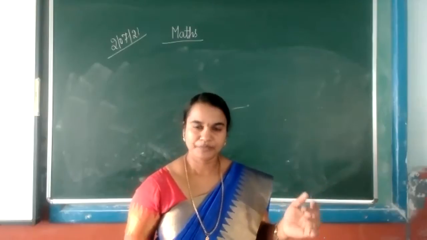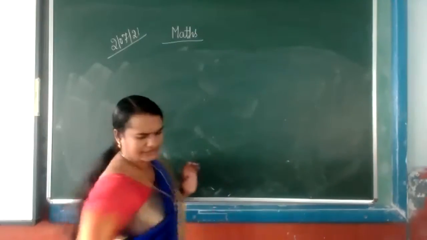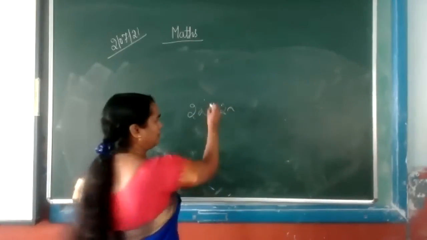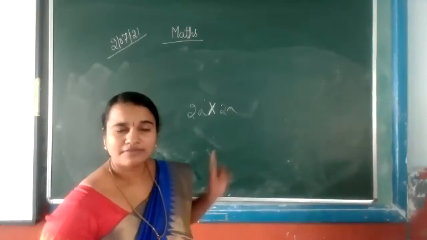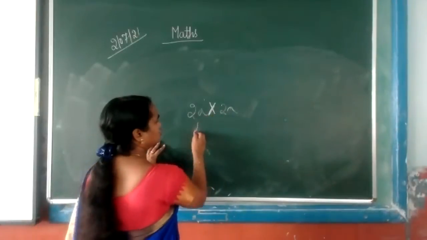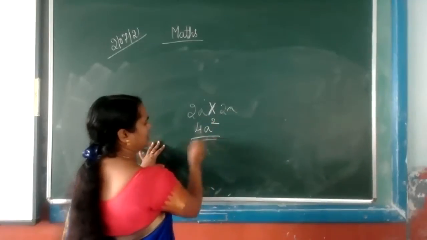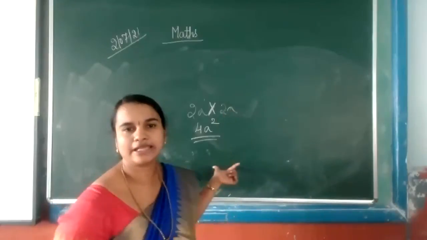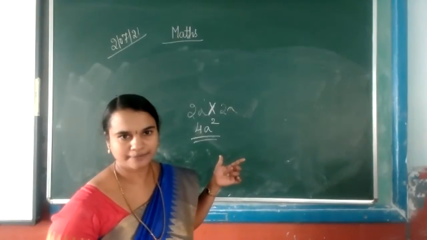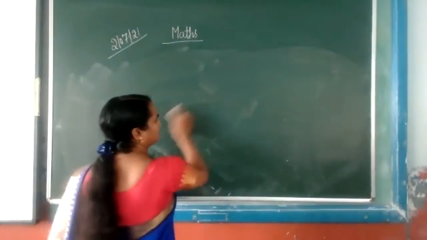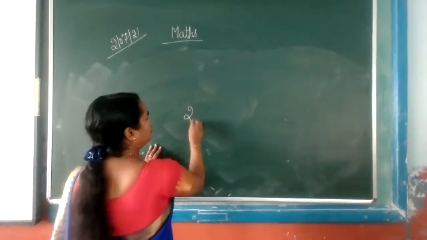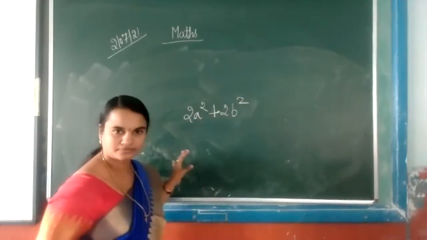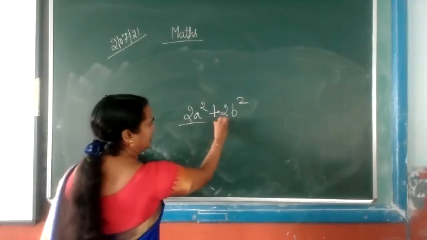If multiplication or division is there, we just multiply it. Clear? For example, it is given here 2a multiplied by 2a. That means we will multiply both, so 2 into 2 is 4 and a into a is a square. So how many terms are there? Only one single term, so it is a monomial. Now if I give 2a square plus 2b square, with the plus sign, there is a first term and a second term.